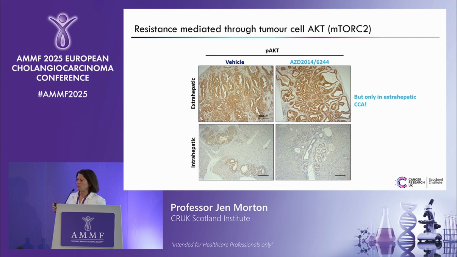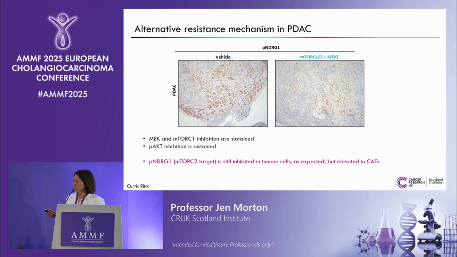Interestingly, we see phospho-AKT, which is downstream of mTORC2, reactivated in extrahepatic tumours, but not in intrahepatic tumours. So there appear to be different resistance mechanisms in those two tumour types. This is different from what we see in pancreas, where we actually see reactivation of signalling in the fibroblasts, but we haven't seen that so far in cholangiocarcinoma.